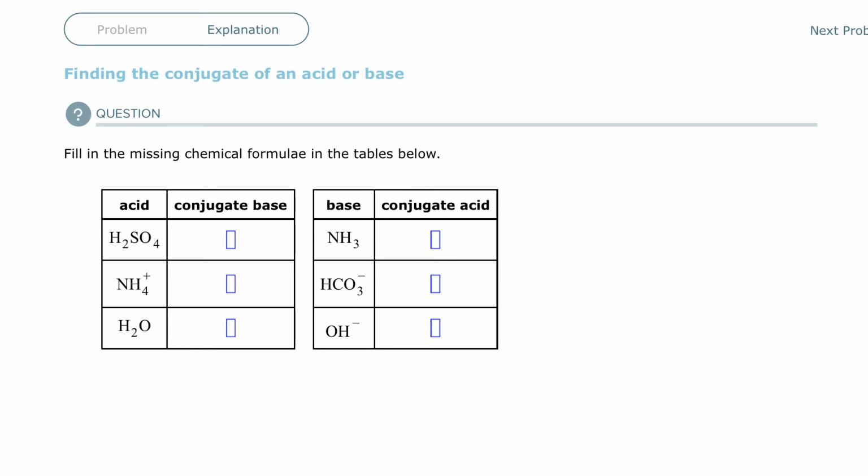I think of it like a baseball game. You're playing catch. The ball is a proton. If I have the ball, then I'm an acid. If I throw you the ball and you accept that ball, then you must be a base. A base is a receiver of a proton.